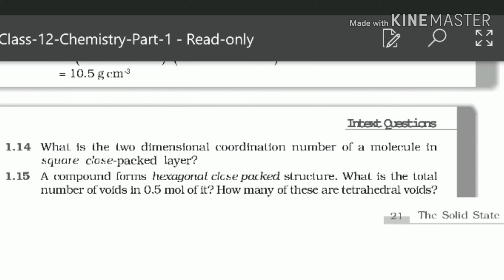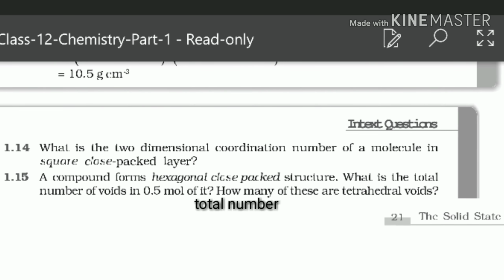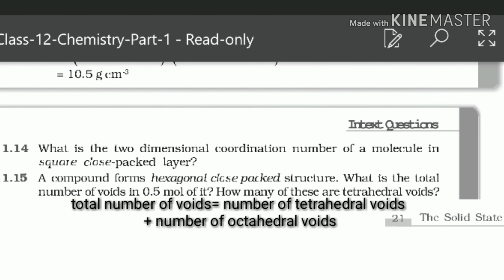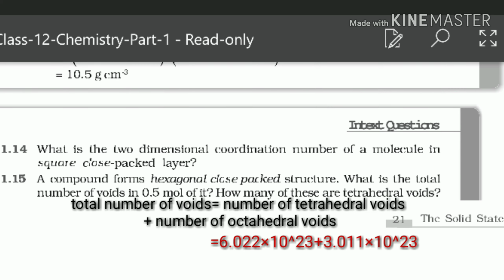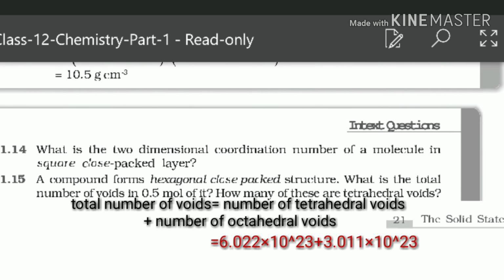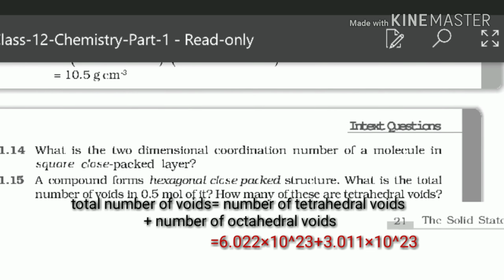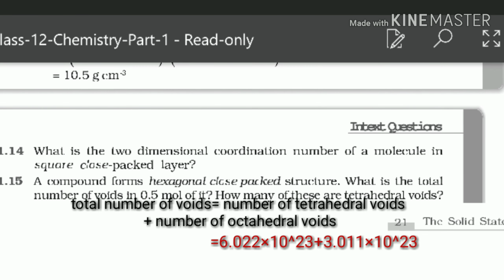Also in this question we have to find the total number of voids. That means tetrahedral voids plus octahedral voids. So the sum will be 6.022 into 10 raised to the power 23 for tetrahedral voids and 3.011 into 10 raised to the power 23 for octahedral voids. So we have to add these both terms.